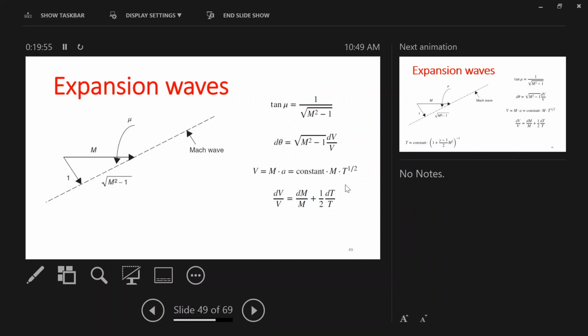When you have these sort of relationships, you will also have this sort of relationship: dV over V is equal to dM over M plus 1/2 of dT over T. That was the natural log derivation rule, or logarithmic derivative rule.